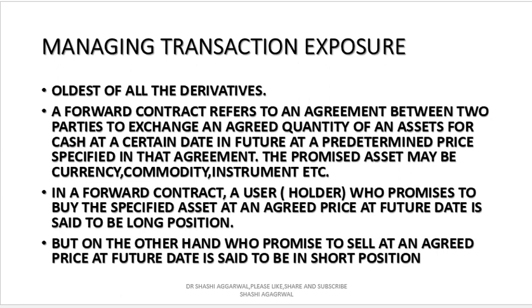On the other hand, one who promises to sell, like the exporter who fears that the dollar may depreciate, could enter into a forward contract. The person who promises to sell at an agreed price at a future date holds the short position. Like when we want to purchase, we enter into a long position. When we want to sell, it is a short position.